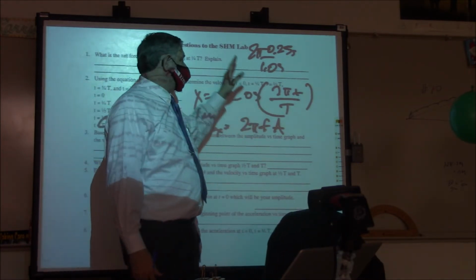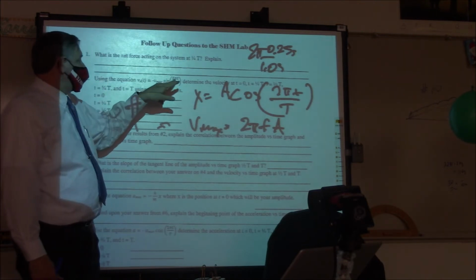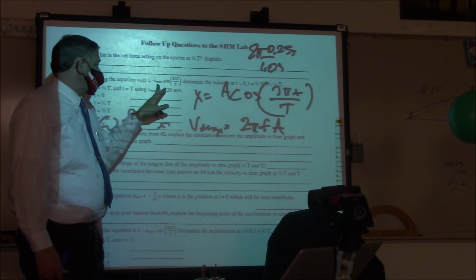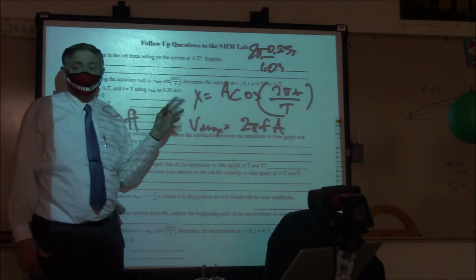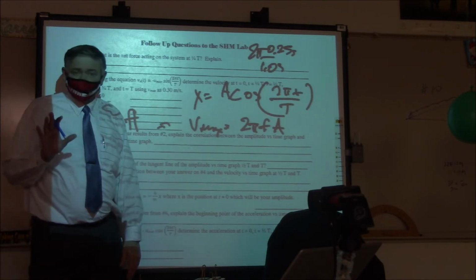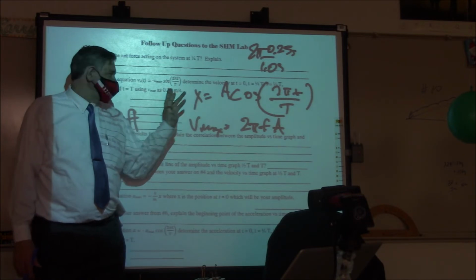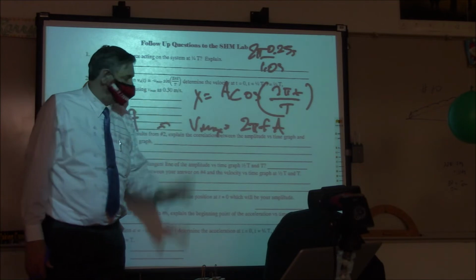And you could plug in sine of 2 pi times 0.25 multiplied by that negative V max of negative 0.3 meters per second, and you can calculate the velocity that way. So if you like smash mouth physics, put in 0.25 seconds. Let the period be 1 second, let that be 0.25. It's cool.